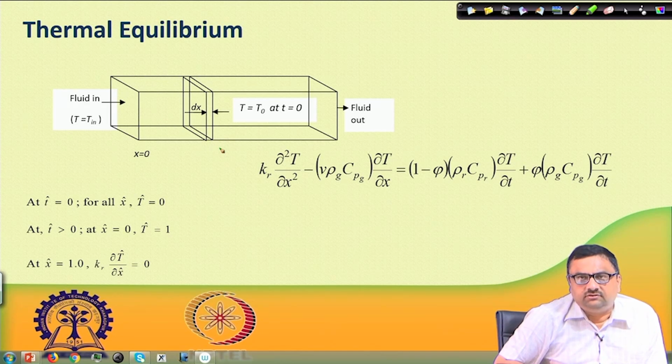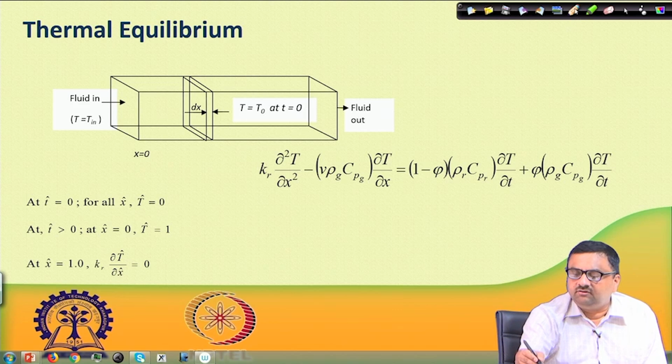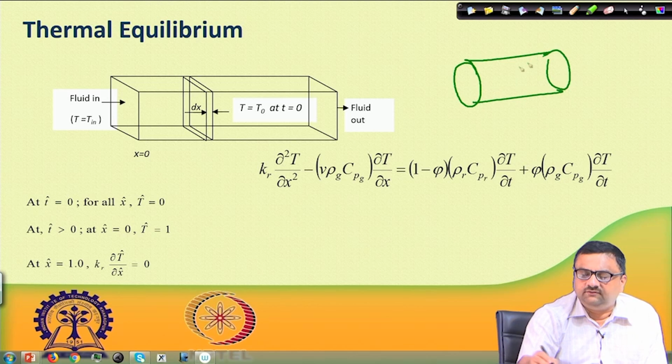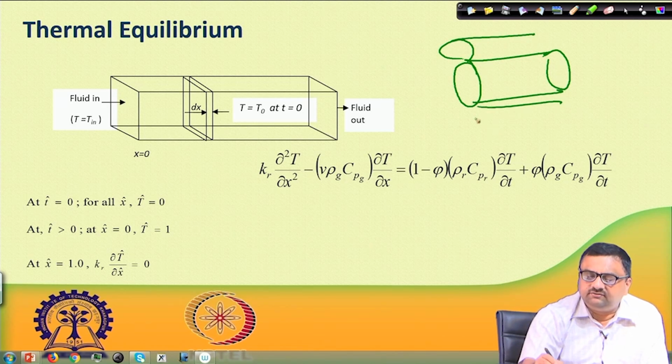This is a major assumption, I would say, because when we talk about flow through a pipe, a porous medium basically has some capillaries through which the flow is taking place. Let us say we have a bundle of capillaries through which the flow is taking place.